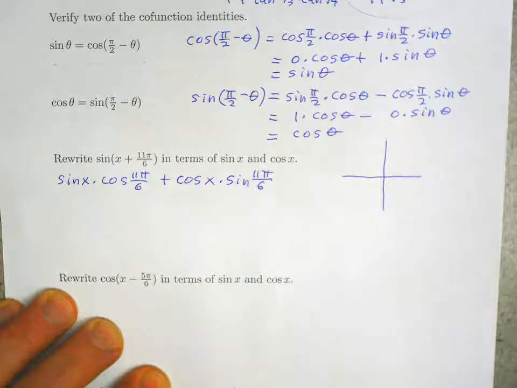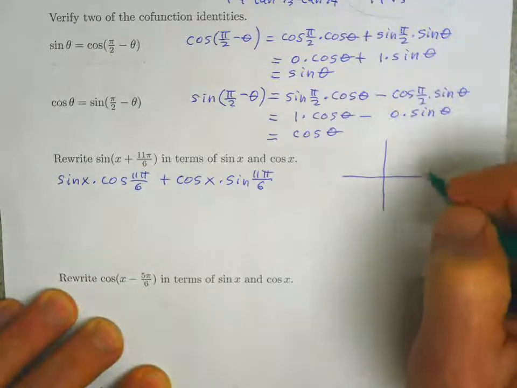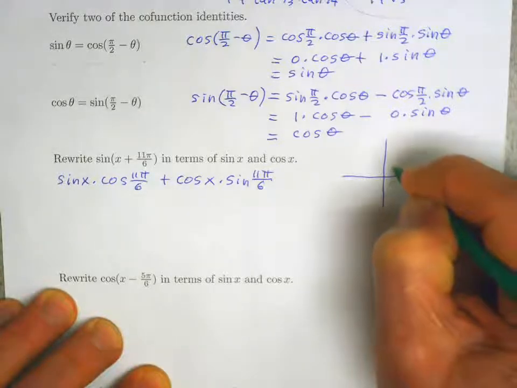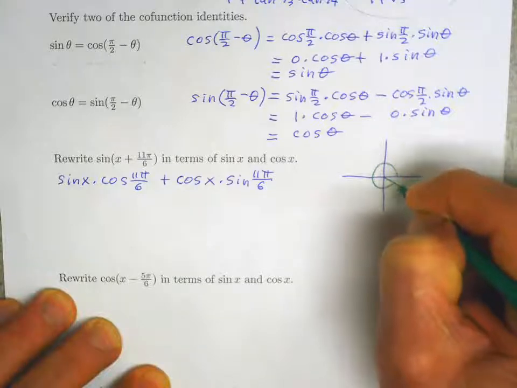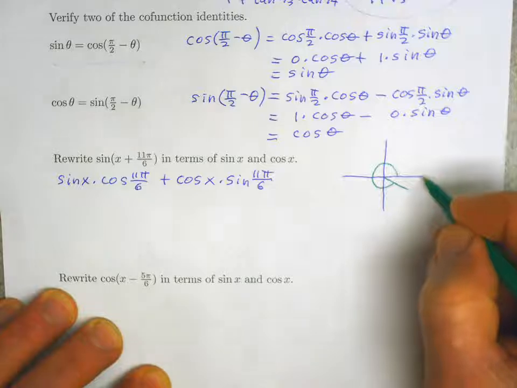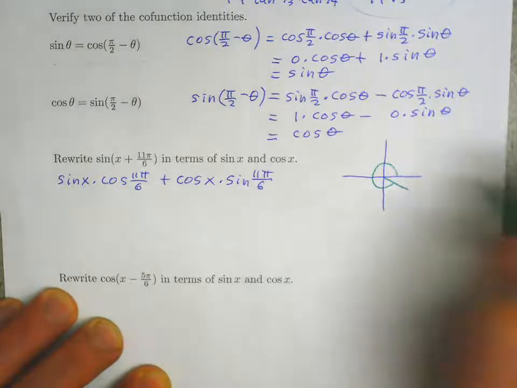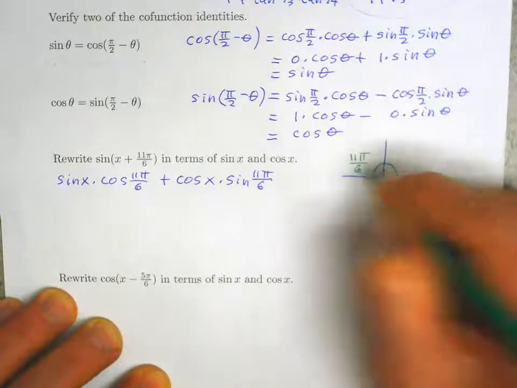so 11 pi over 6 is not quite 2 pi, it's pi over 6 short. So if you go counterclockwise and then stop 30 degrees short of 1 complete revolution, or pi over 6 radians, this angle is 11 pi over 6.